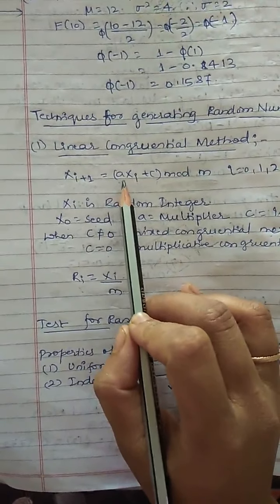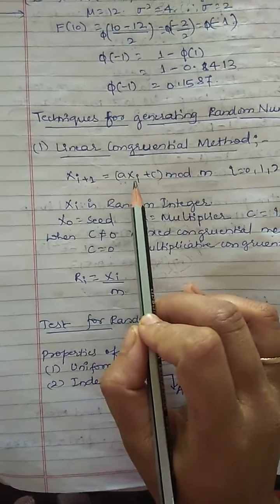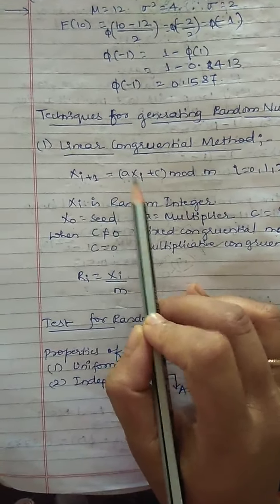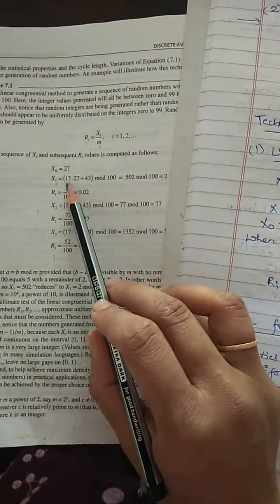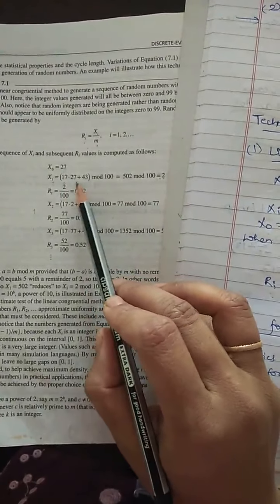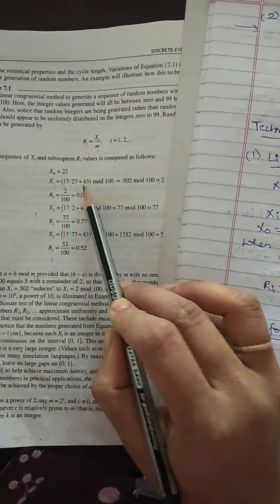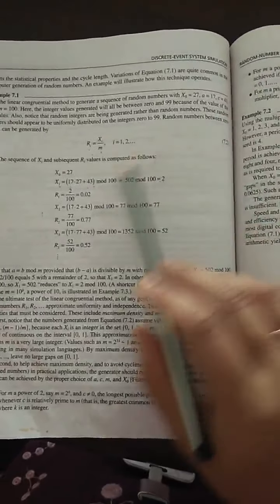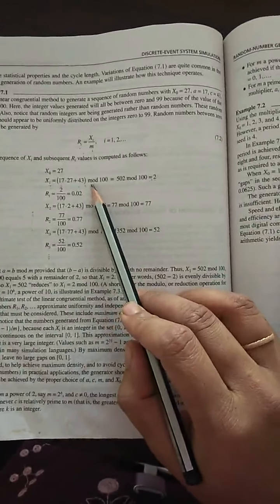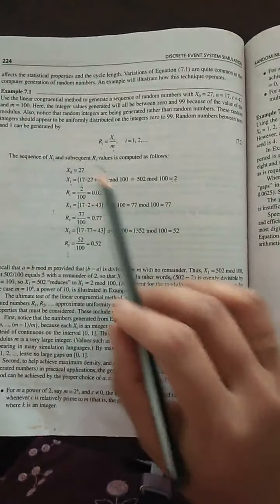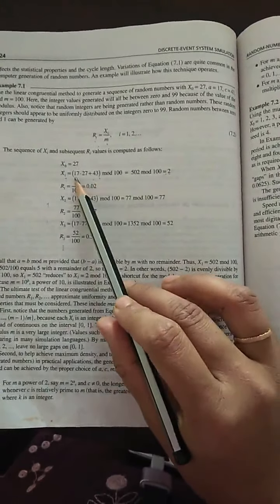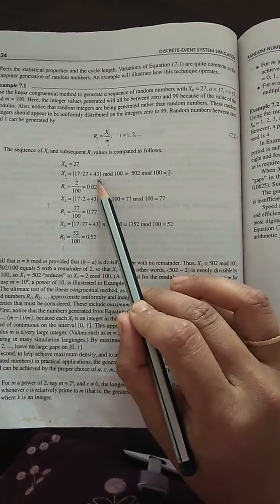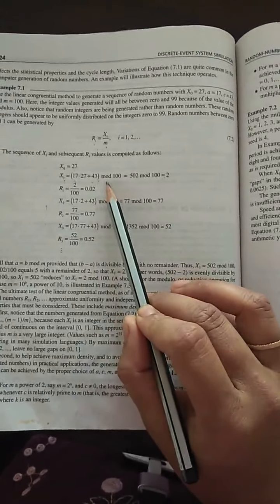The value of a is 17, given in the question. 17 into X0. What is X naught? X naught is given as 27, plus c. What is the value of c given here? The value of c is given as 43, mod 100. M is given as 100 here, the modulus value. So X1 is 17 into 27 plus 43, mod 100.